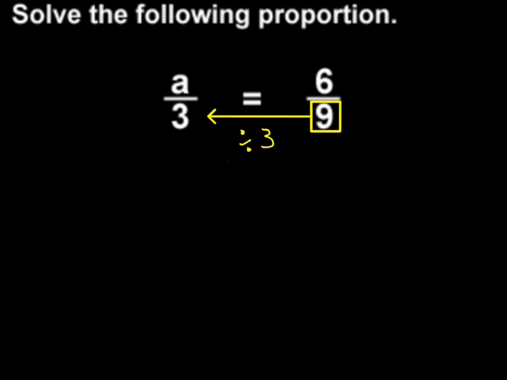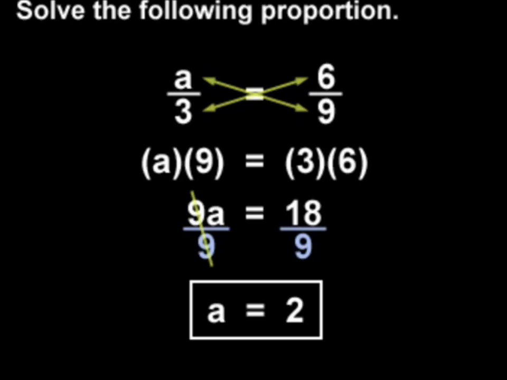So with the same logic, let's do the same. 6 divided by 3 is what? And a equals 2. So you could do that as well, if you can see the relationship. So here is cross product way, which will always work.